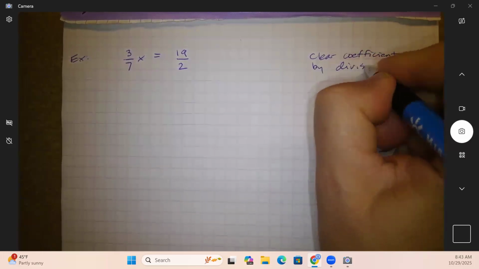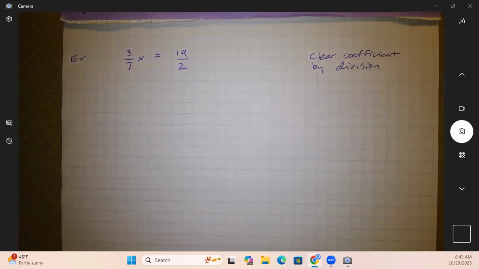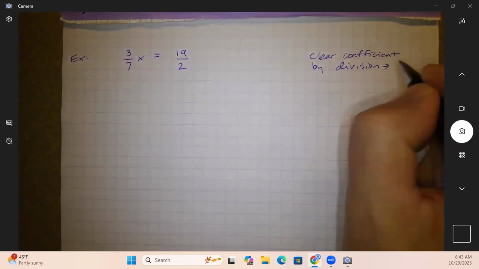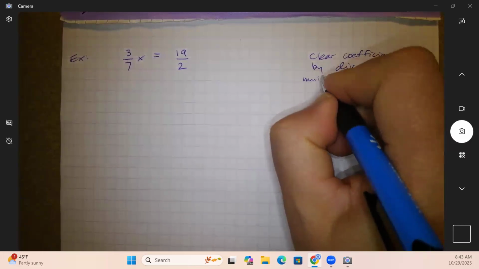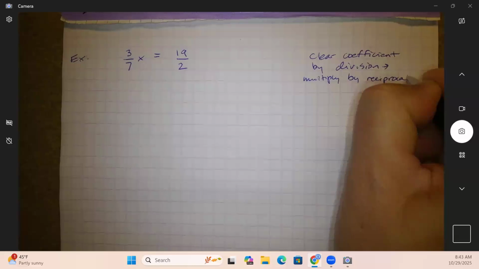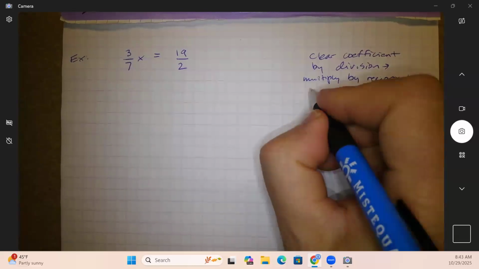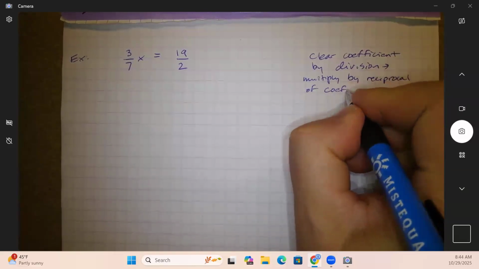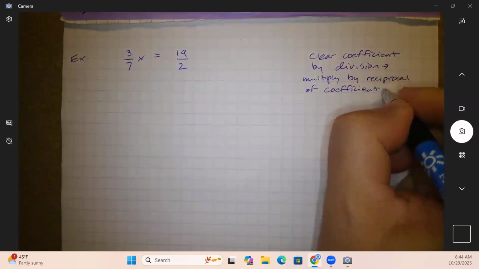By division, right? We're going to divide the whole fraction. But when you're working with fractions, actually we want to multiply by the reciprocal, because that's what division by fractions is.